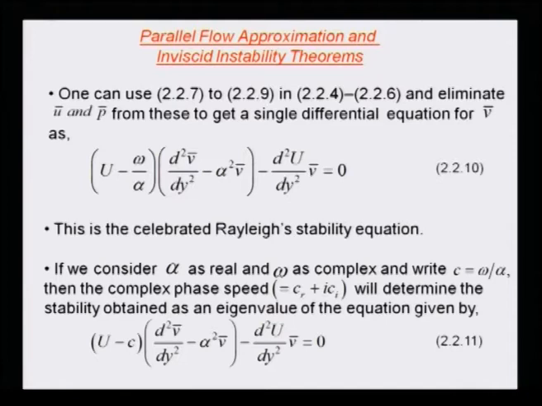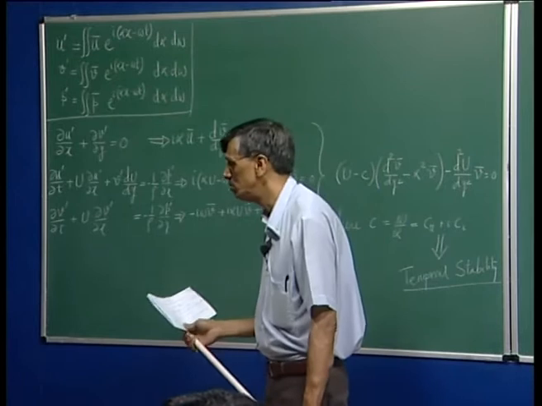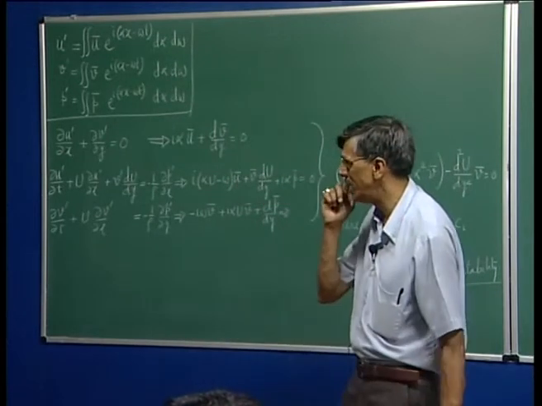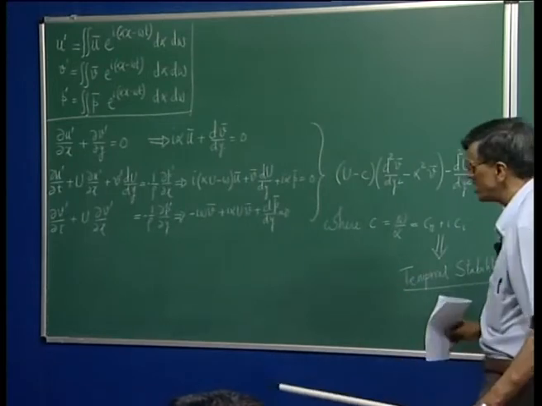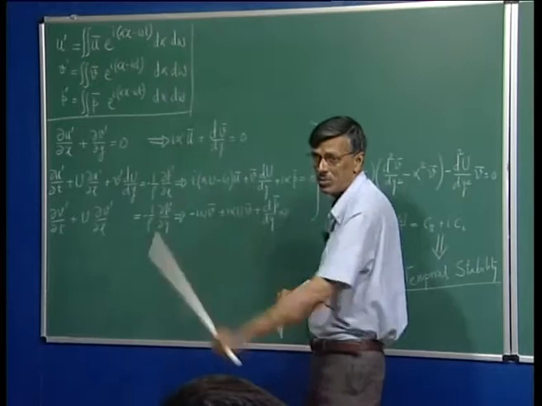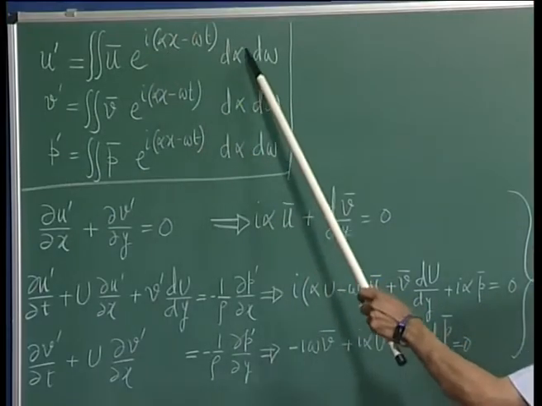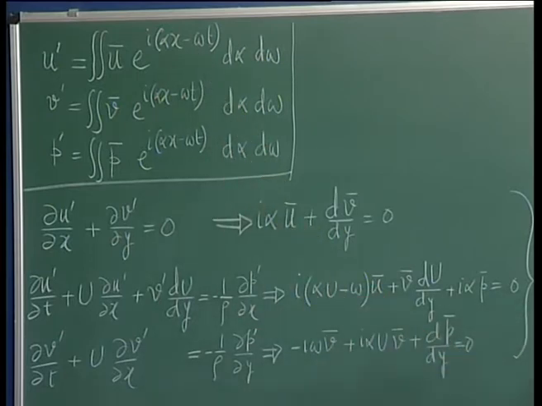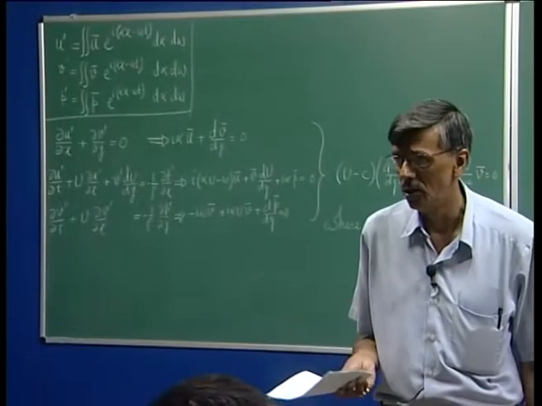Now, at this stage you have to make a conscious decision about which way to go. You can see that in this representation, where we define the disturbance quantity in the spectral plane, we have the wave number alpha and the circular frequency omega, and what did we decide to do?